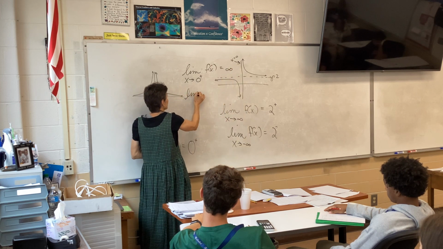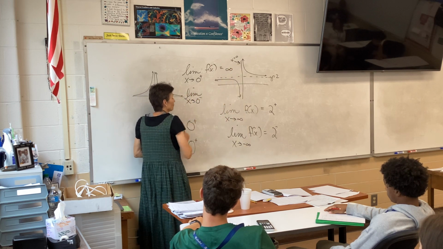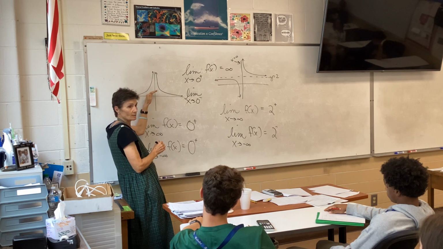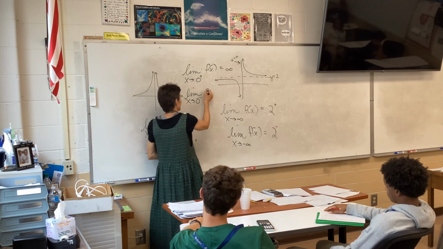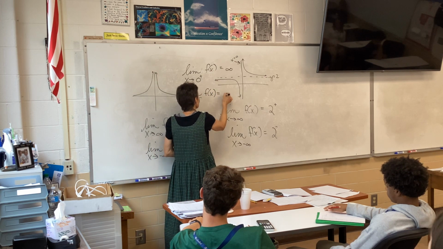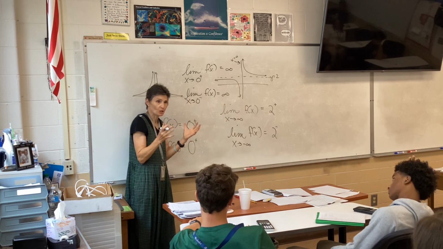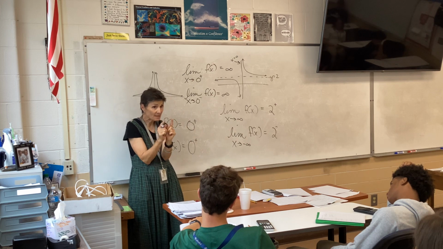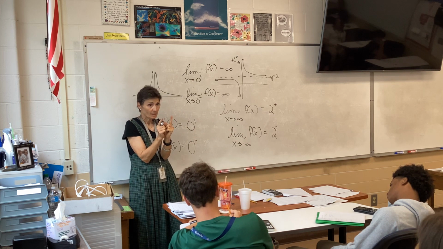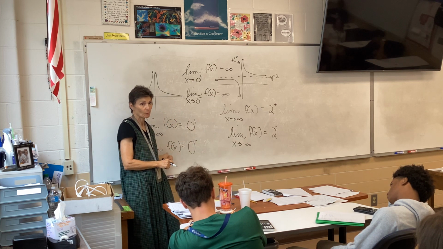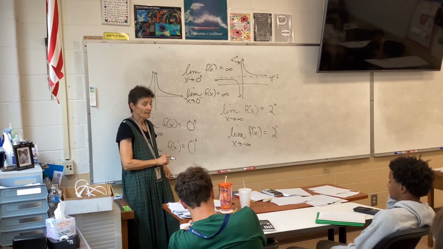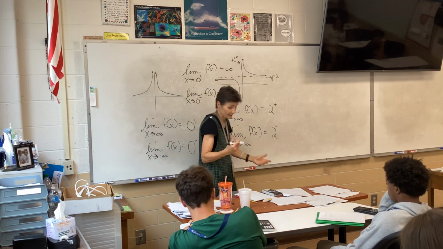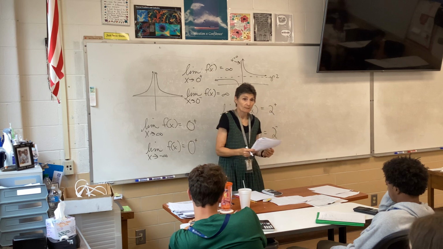And then what happens as I approach 0 from the left? That's also positive. So you can use limit notation anywhere on your picture. But in terms of end behavior, it's always approaching infinity and approaching negative infinity. But anytime you have an asymptote, or really anything, you can talk about the limit.